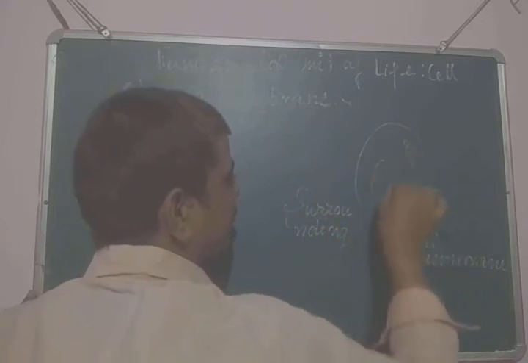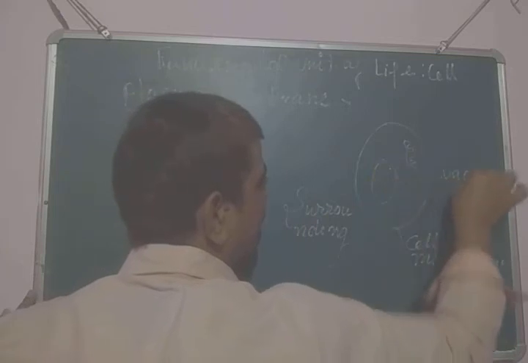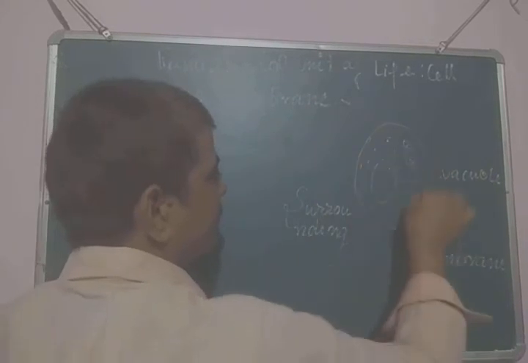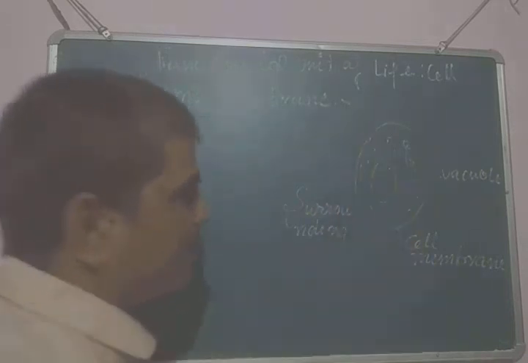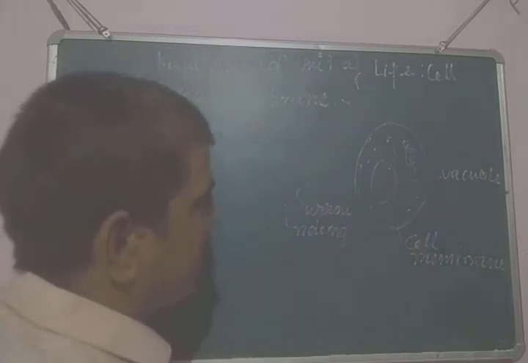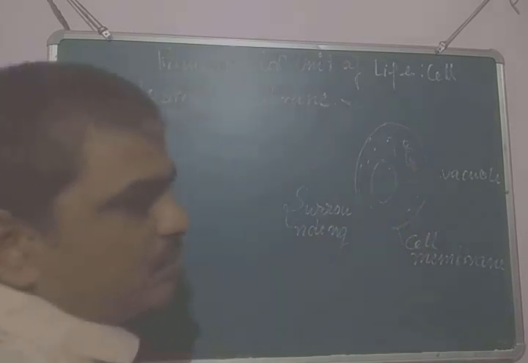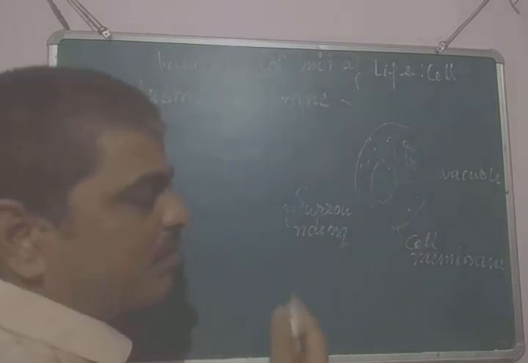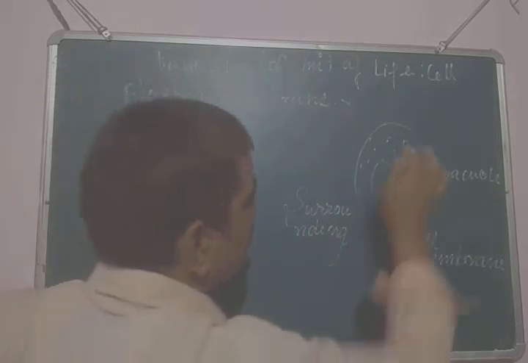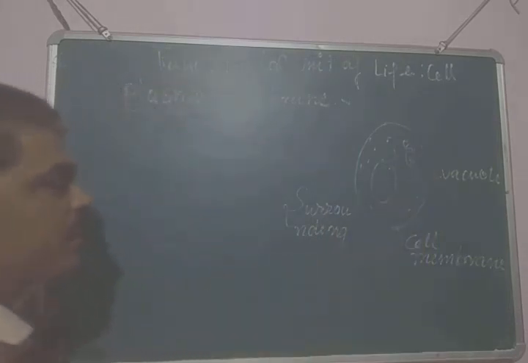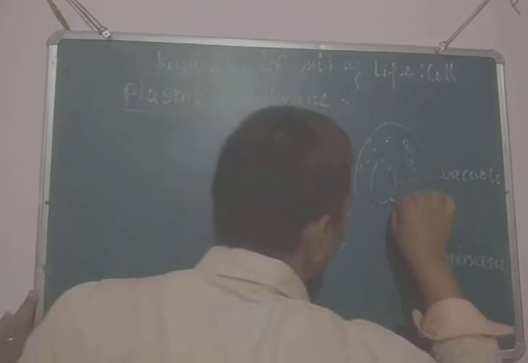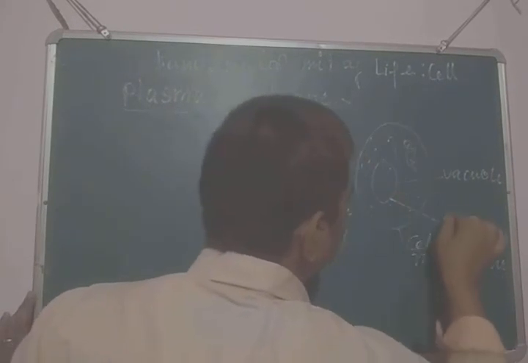Let's assume it is a plant cell, so it will have a vacuole, and this is the cytoplasm. All these structures are enclosed in the plasma membrane, which protects them from the external environment as well as compartmentalizes the cytoplasm. This is one compartment, this is another compartment. This vacuole membrane is also a subcellular membrane.